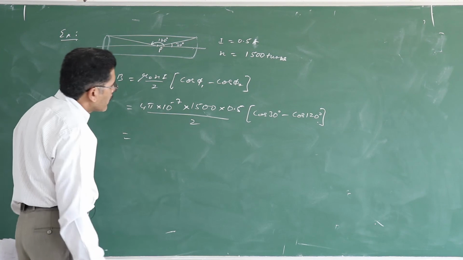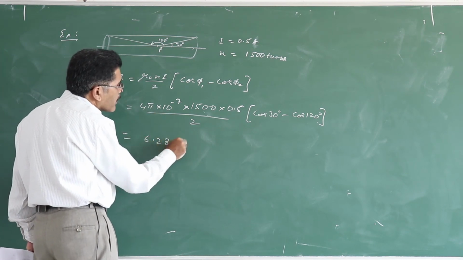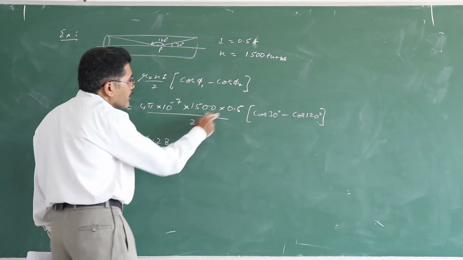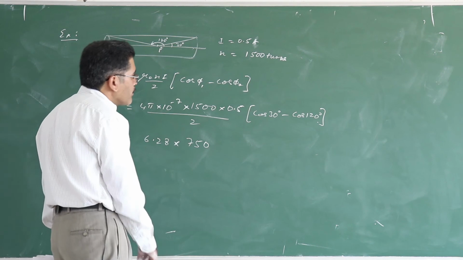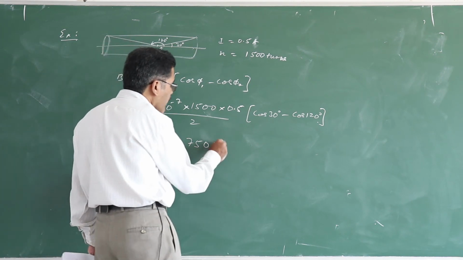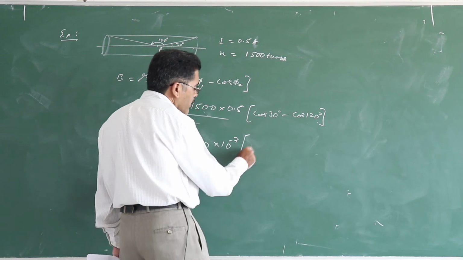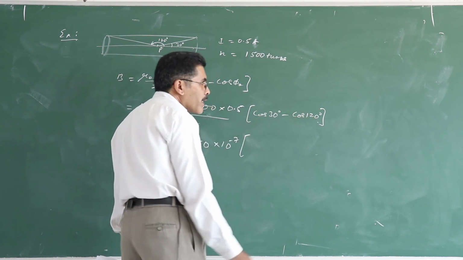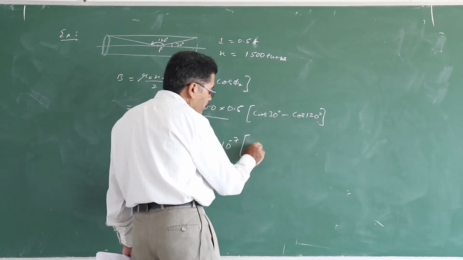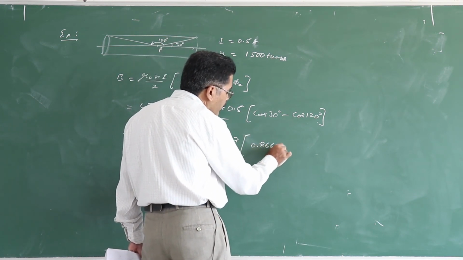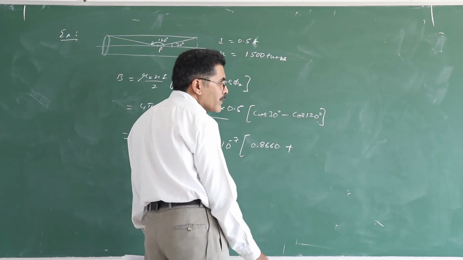So you will be getting 2 pi, 2 pi is 6.28, into 750 into 10 raised to minus 7. Cos 30 is 0.8660, and cos 120 is cos of (180 minus 60), which is minus cos 60.